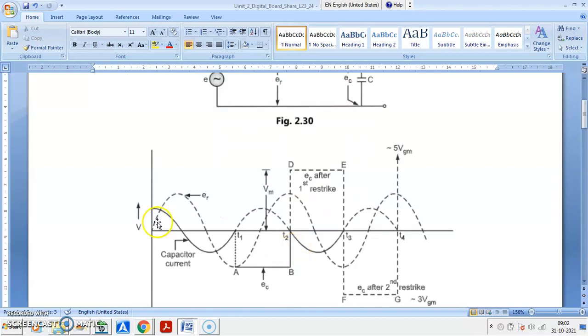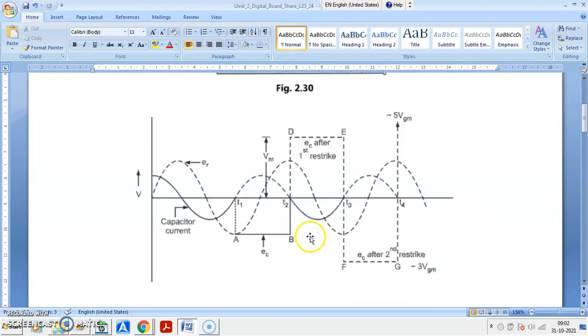I am talking about the voltage across the capacitor because it is important as far as the interruption of current is concerned. So at the time of T1, the voltage is negative maximum and the capacitor is at positive voltage.